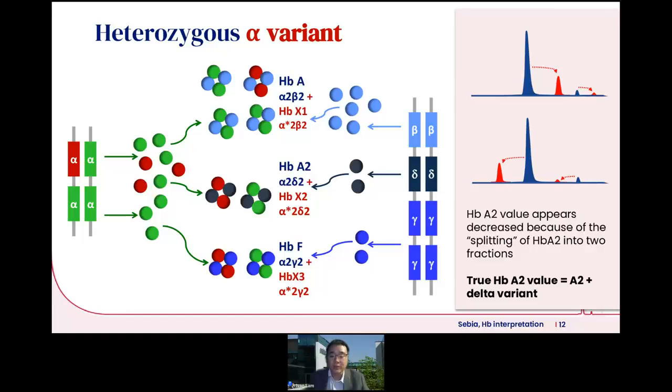The true hemoglobin A2 value will be that of the variant combined with the normal hemoglobin A2 as well. Even though in this situation it's an alpha variant mutation, you will add on that alpha variant hemoglobin to your hemoglobin A2.